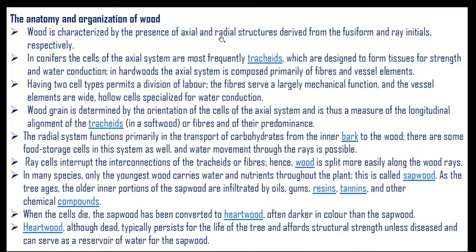So what is meant by axial? Axial means at the center, along the axis, and radial means at the periphery. Wood is characterized by axial and radial structures which are derived from the fusiform and ray initials. Ray initials are nothing but medullary ray initials.